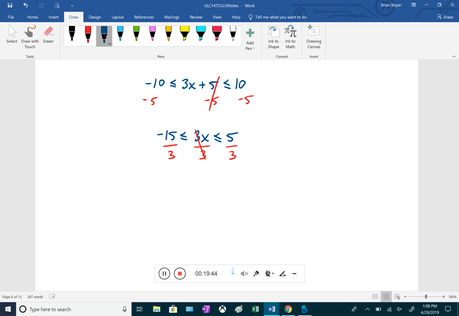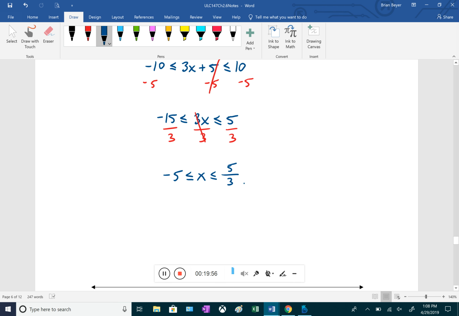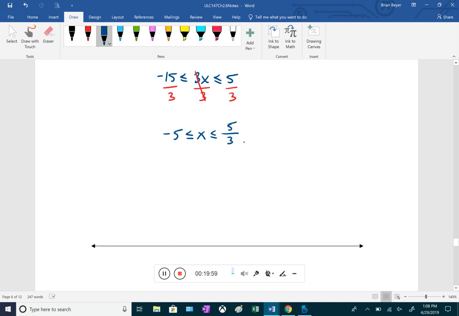So we end up getting negative 15 divided by 3 is negative 5, less than or equal to x, less than or equal to, I'm just going to leave that as 5/3. So that is saying that x has to be between negative 5 and 5/3. So in interval notation, this would be negative 5, comma 5/3, and they both get brackets because of the or equal to symbol.